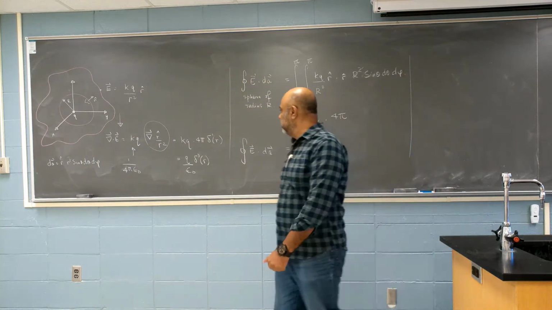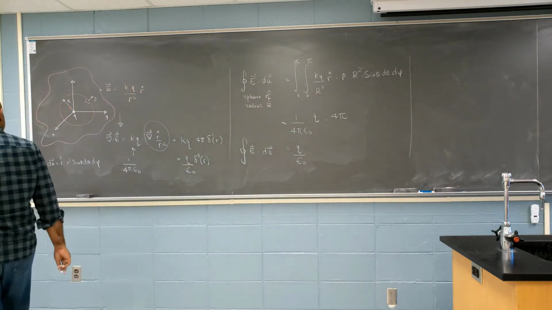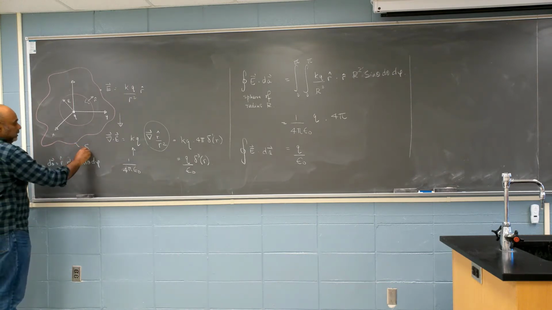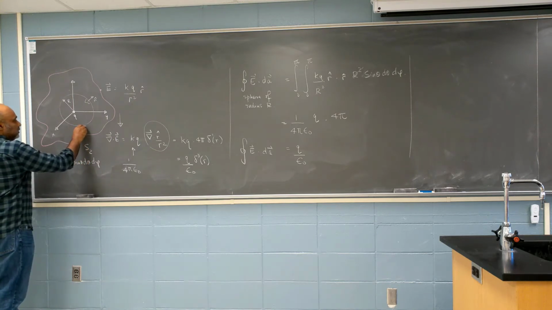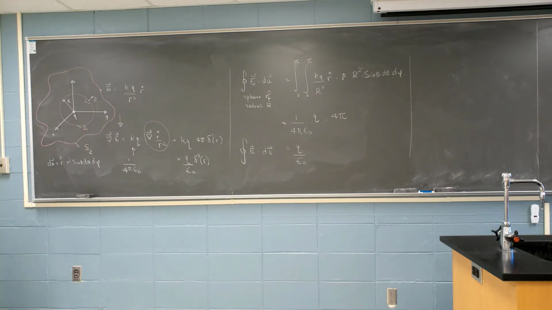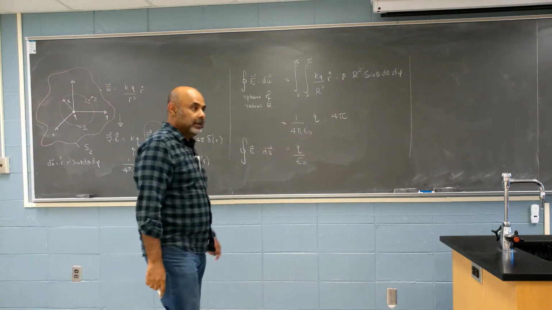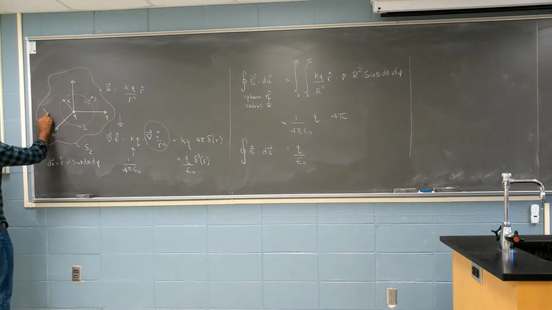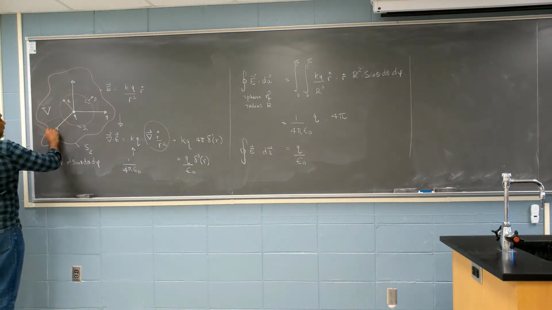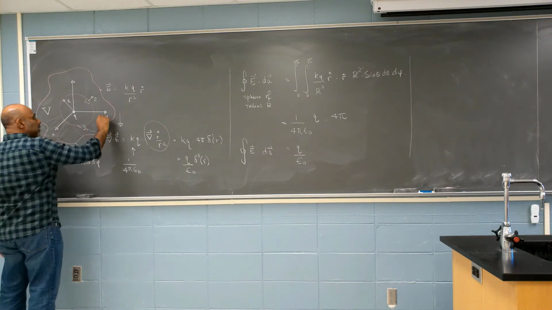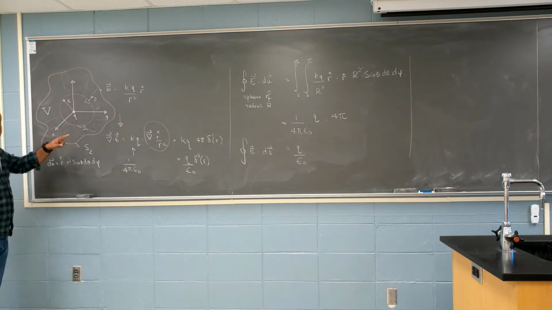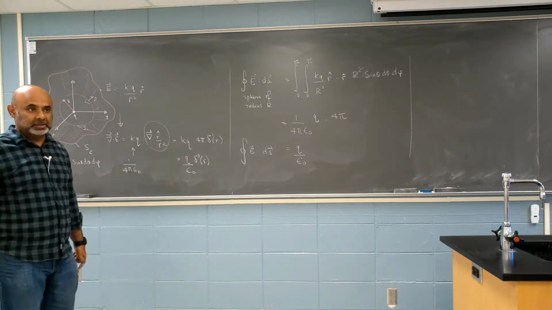So let me give things names. Let me call this S2, and let me call this surface S1, okay? What I'm going to do is divergence theorem in this volume. The volume is between these two surfaces. So this is a perfect sphere. Remember, it's a two-dimensional drawing, but it's supposed to be a three-dimensional surface.